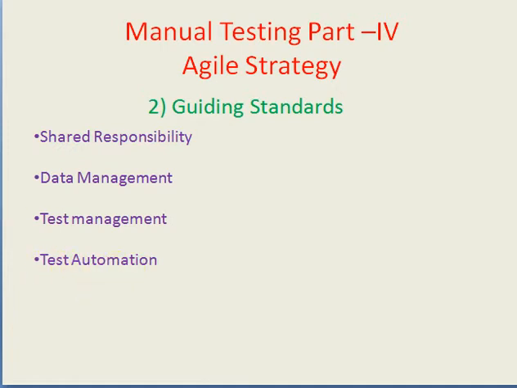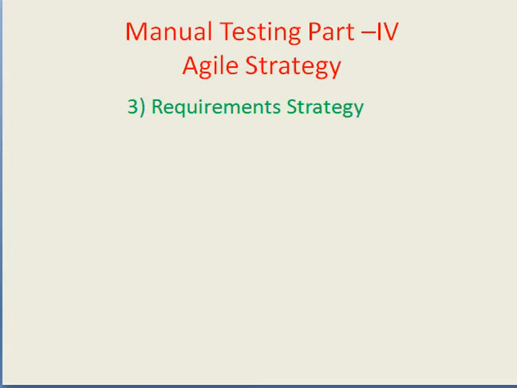Now the next section is the requirements strategy. So how to work on the requirements. So here you can specify that in the spirit of Agile, the work items may be reprioritized at any time, and at any time the team will always implement the highest priority work items first.